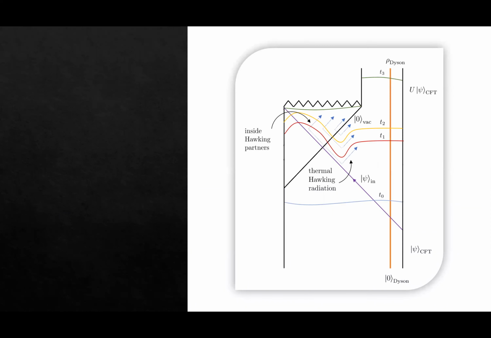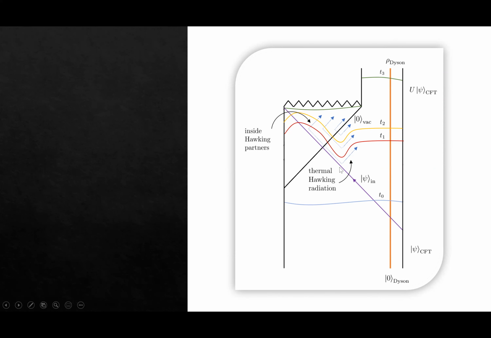So let's see. Here's a slightly more complicated picture. This orange line here is what represents the sphere, usually called the Dyson sphere. So it's very near the boundary. It doesn't get any back reaction. Since this is a thought experiment, I can do it fairly well.